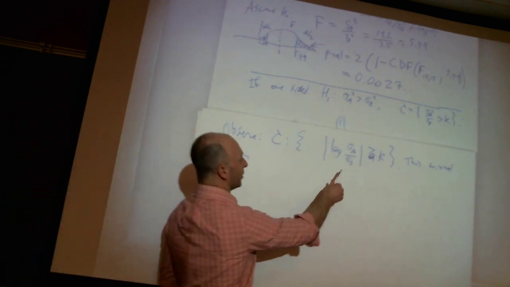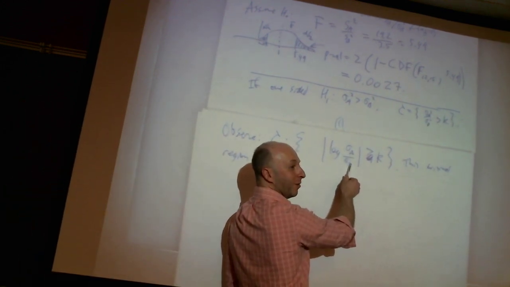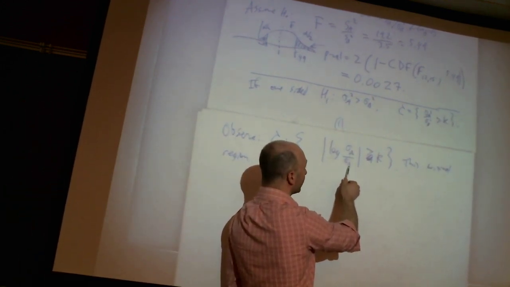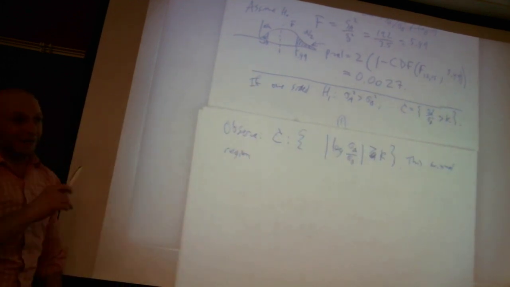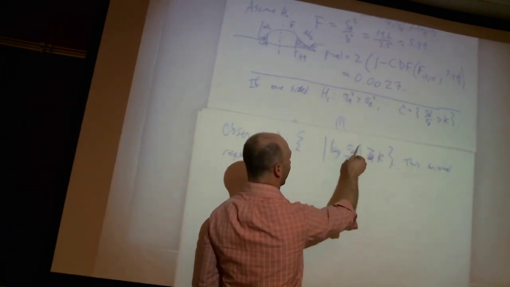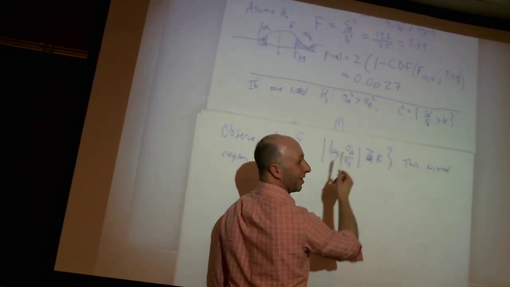If the ratio is very close to 1, then the log is very close to 0. Log of 1 is 0. You can put the squares or not, it's the same thing, because the log of something squared brings out a 2, which just changes the constant.